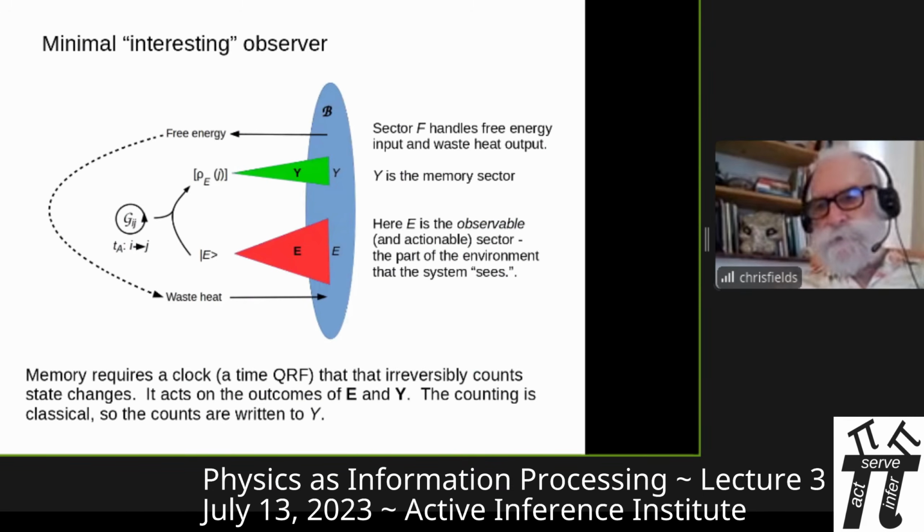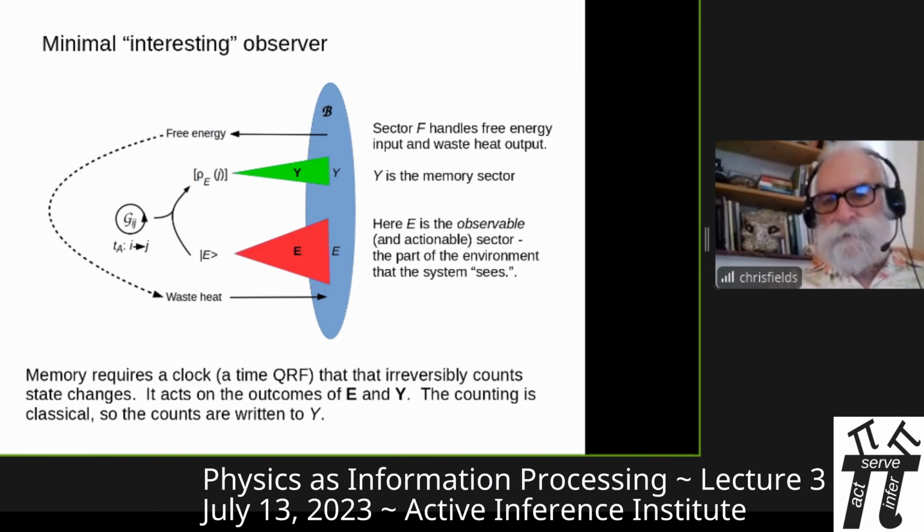And here's the structure of the minimal system that we can really think of as an interesting observer. And this is a system that has some QRF that I've called E, that looks at its environment, the part of its environment that it can actually observe and act on.